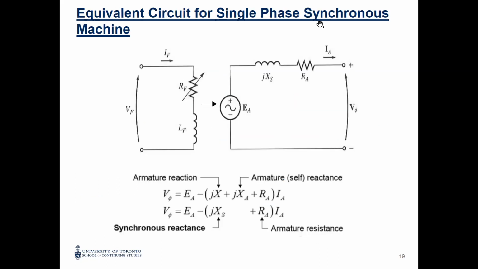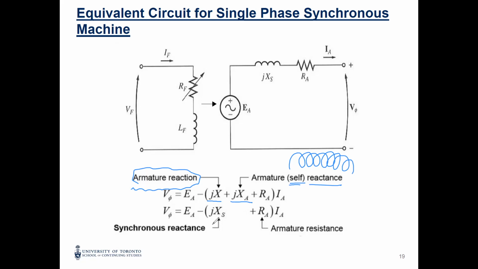Now we have one X due to the armature reaction. We are going to add the one due to the coil itself. We call it the self-reactance. So this one is due to the armature action. Another one is due to the self-reactance, the real reactance of this coil.